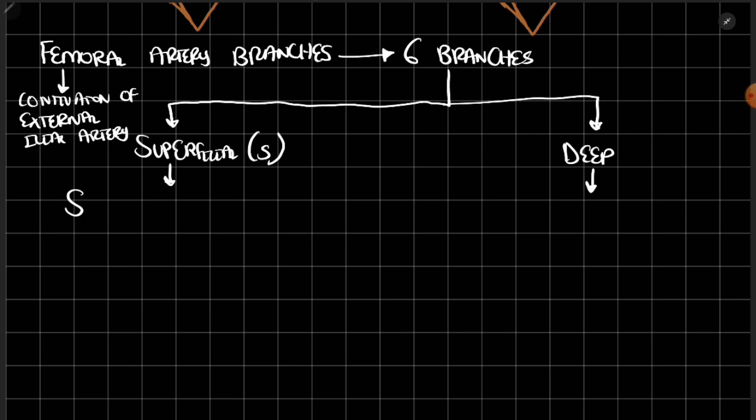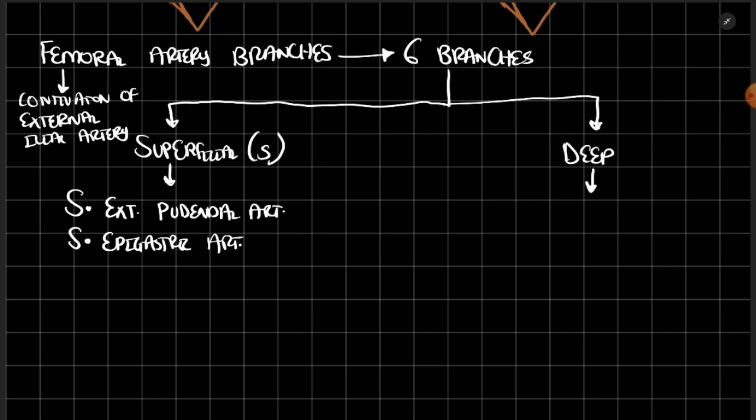So the first branch is superficial external pudendal artery. Second branch is superficial epigastric artery. Never confuse superficial epigastric artery and superior epigastric artery. There is a trick I will tell you.